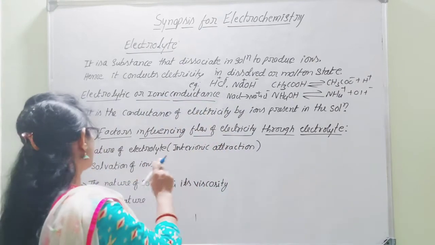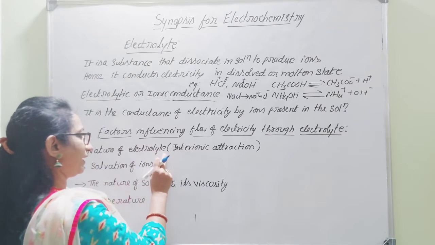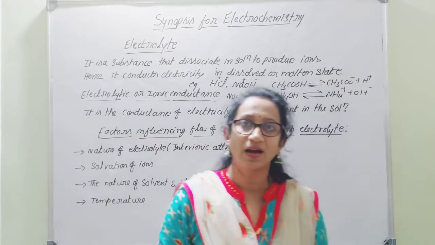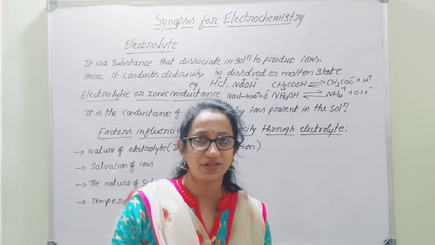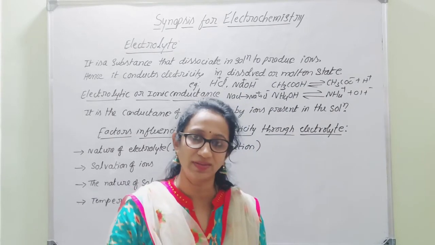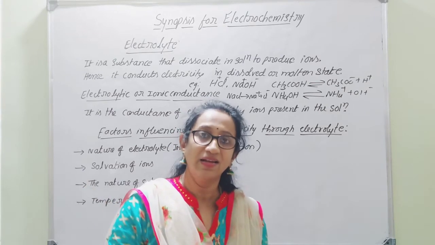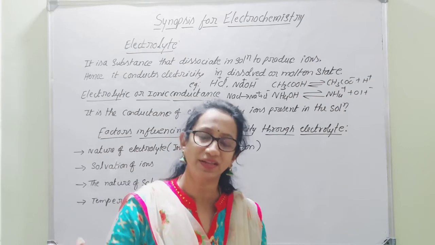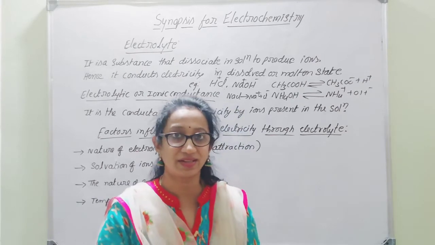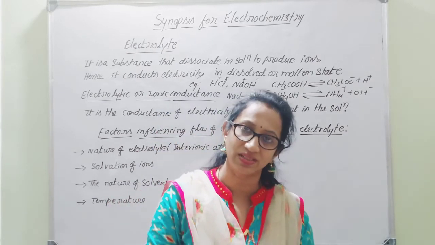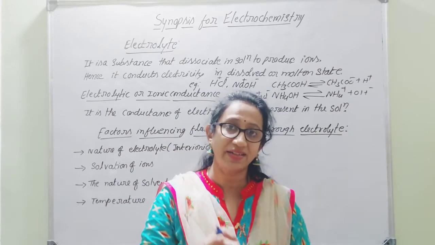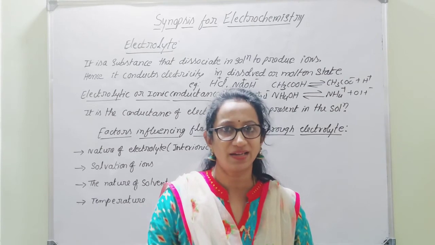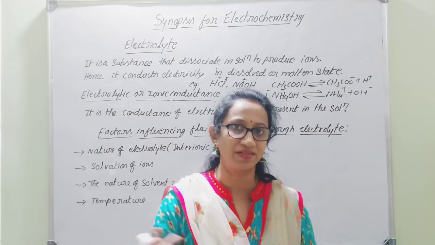So with respect to the nature of electrolyte, the higher the interaction between the solute and solute, that is NaCl and NaCl, the lesser will be the magnitude of the conductance. If the interaction between solute and solute is strong, it decreases the easy flow of the ions. Lesser flow of ions means lesser flow of electricity.